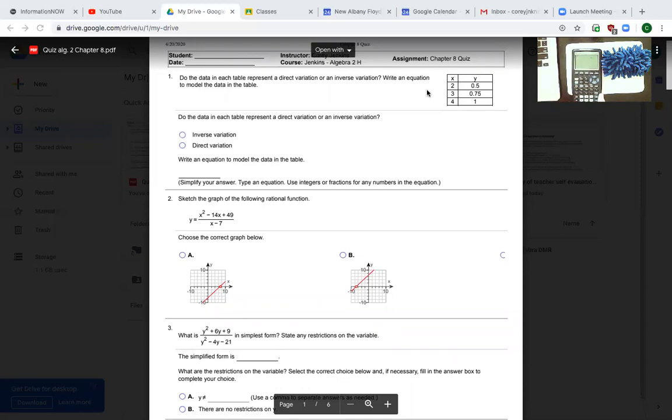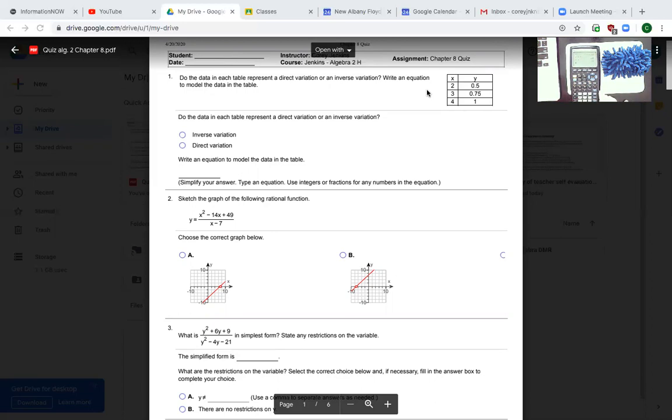We want to see if y divided by x is equal for all of them. So 0.5 over 2 equals 0.25. 0.75 over 3 equals the same. And then finally, 1 over 4 is 0.25 as well.